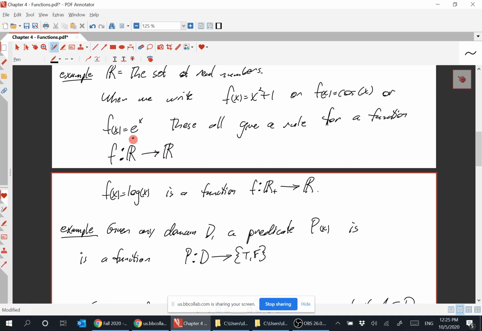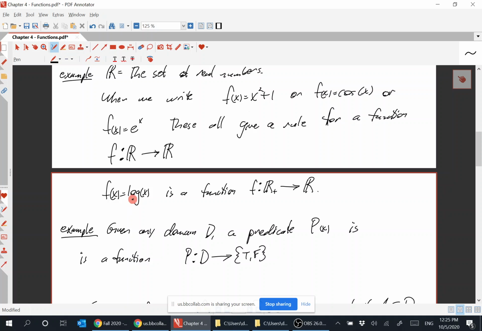F of x equals e to the x is a function from the real numbers to the real numbers. F of x equals cosine x is a function from the real numbers to the real numbers. All of these things that you remember are just one specific type of example of a function.